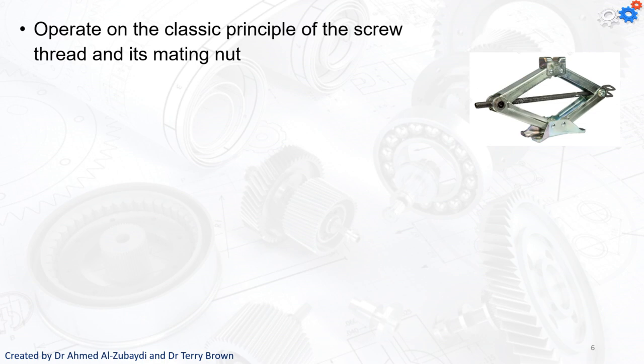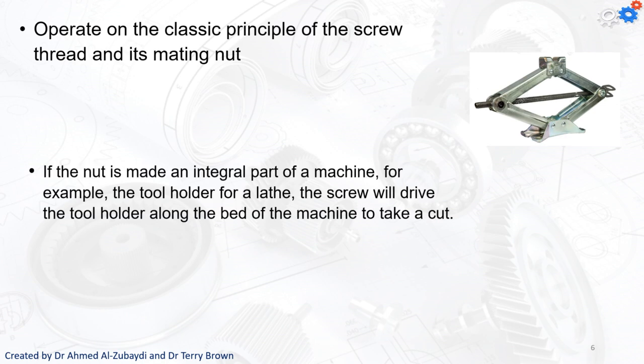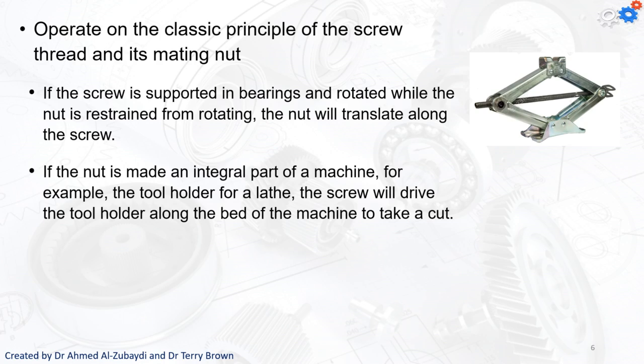So, it operates on the classic principles of the screw threads and its mating nuts. If the screw is supported in bearings and rotated, while the nut is restrained from rotating, the nut will be translated along the screw.